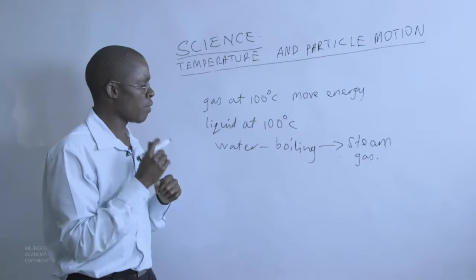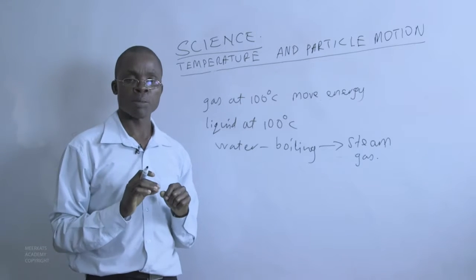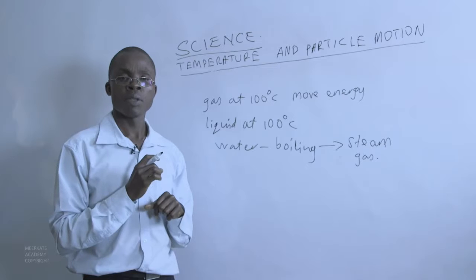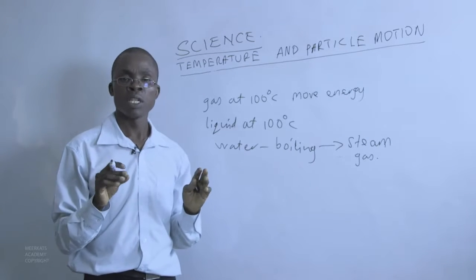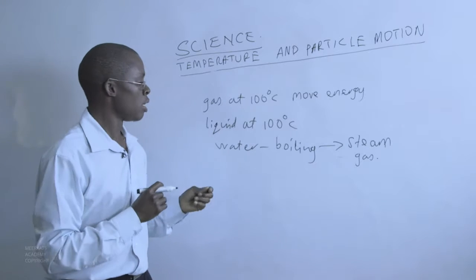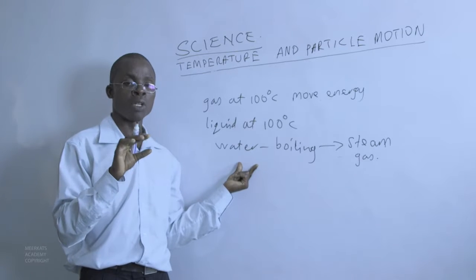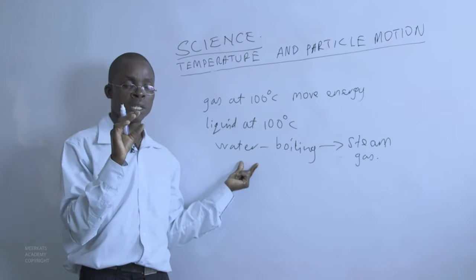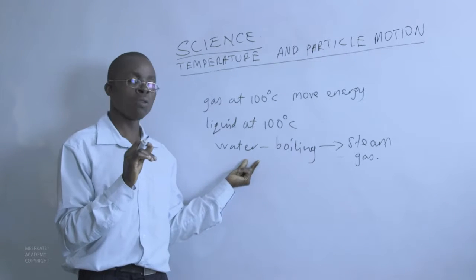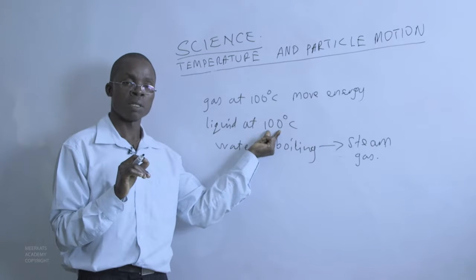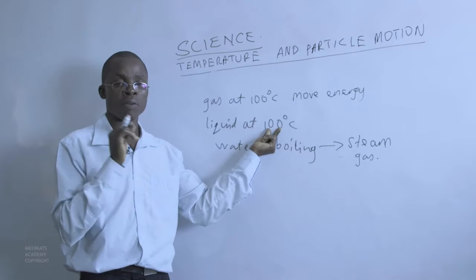In case you can carry out this experiment, you can find a thermometer. This can be done in a school setting or home setting, so long as you have a thermometer. You discover the boiling temperature of water at wherever point you are, because as I said in the previous lesson, water does not always boil at 100 degrees centigrade. It only boils at 100 degrees centigrade when you are at sea level.